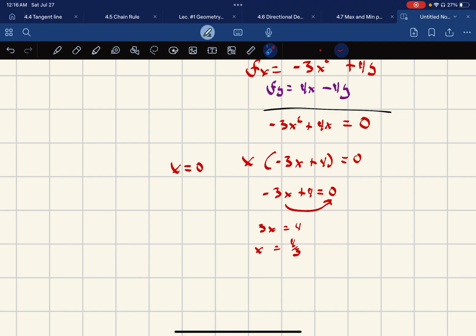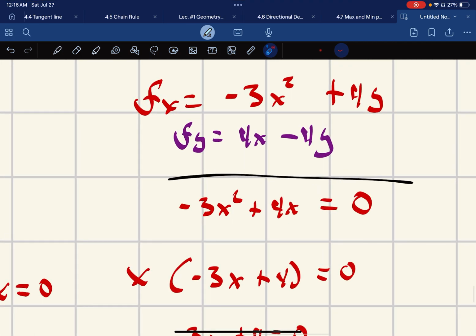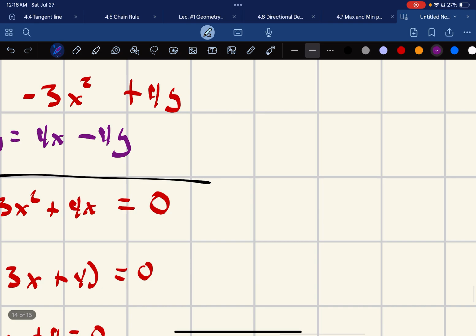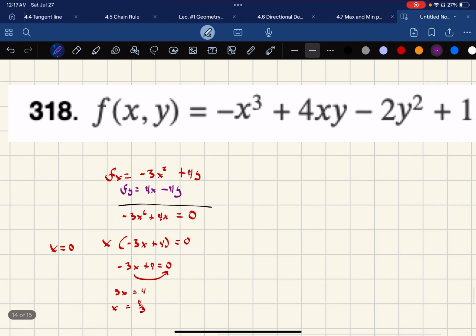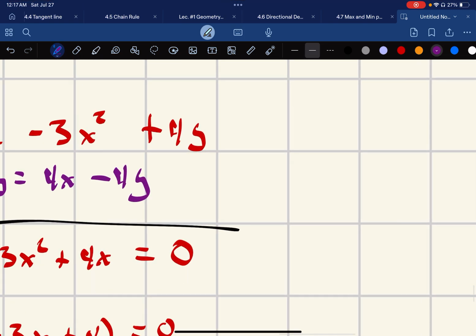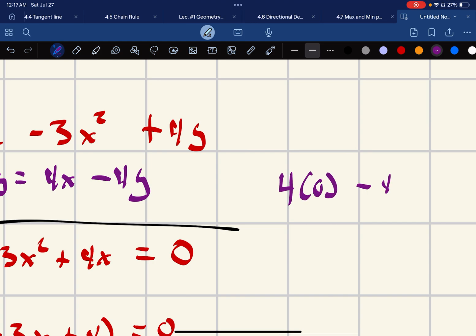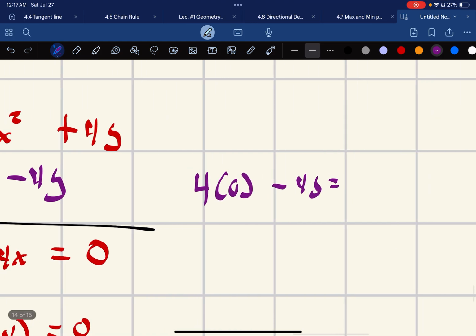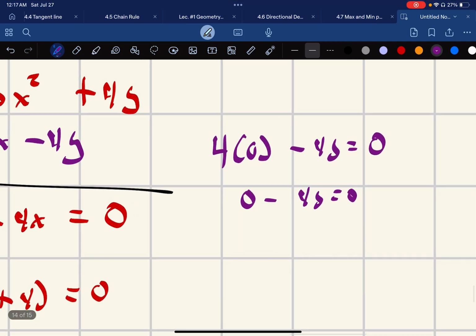Now we plug it into an equation of y, right? So an easiest equation we could do is this one, since we could just do this. We're testing for 0 and we're testing for 4 thirds. So we have 4 times 0 minus 4y equals 0, so we have 0 minus 4y equals 0, right?